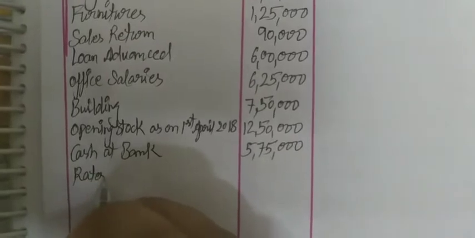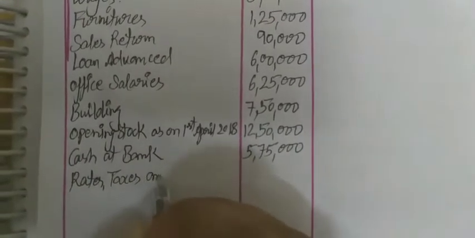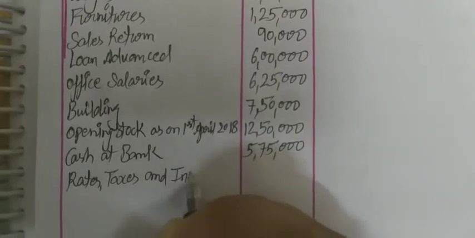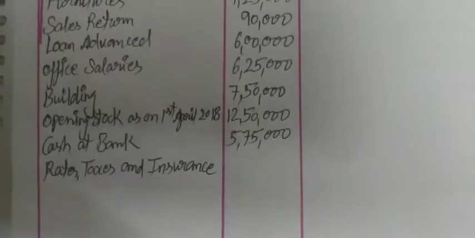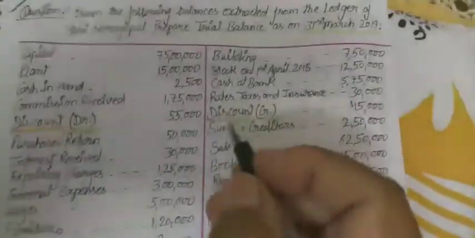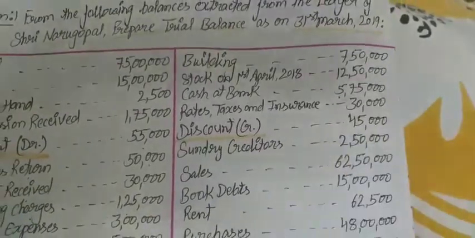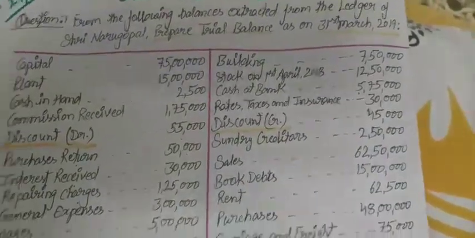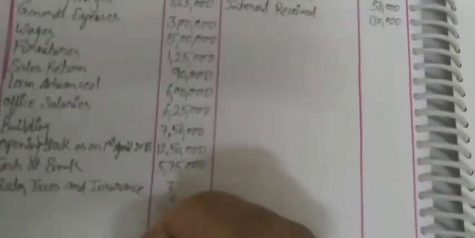Next one is rates, taxes, and insurance. These are the expenses for business. So students, rates, taxes, and insurance, that is 30,000, will show in the debit side.